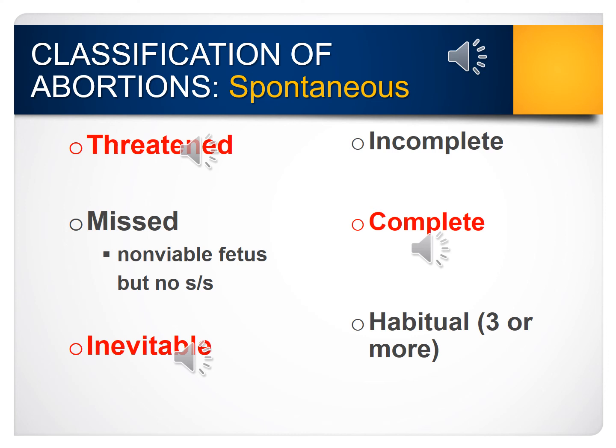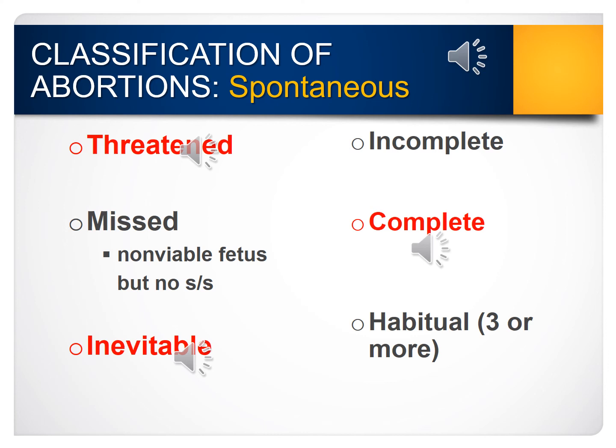And so we want to monitor the physical signs and symptoms, assess her pain, monitor blood loss, but more importantly, we want to provide some emotional support, knowing that this could be a grieving process for some families. And so we want to make sure that we take care of the whole person and not just focus on the physical.